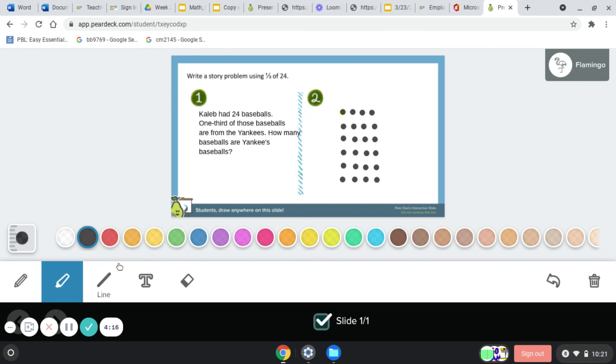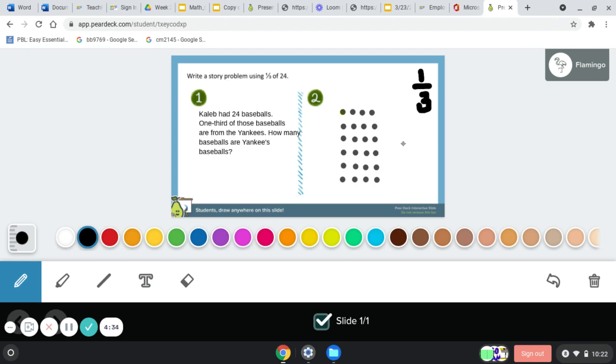Now I need to decide how much is 1/3 of these baseballs. So again, our denominator represents the amount of parts, even parts that make up the whole.